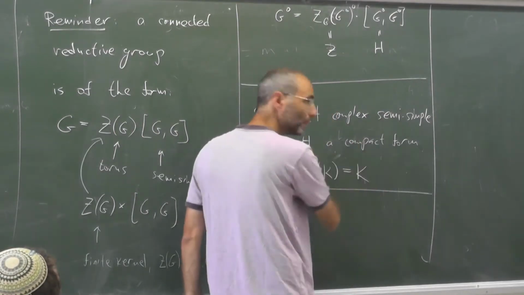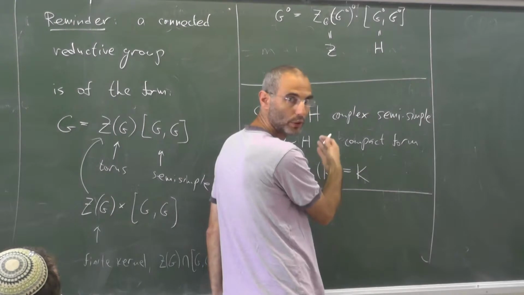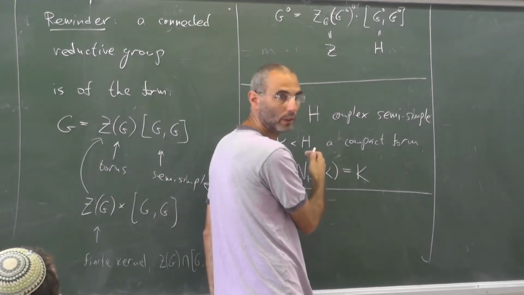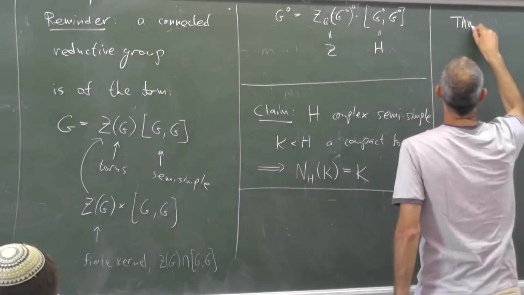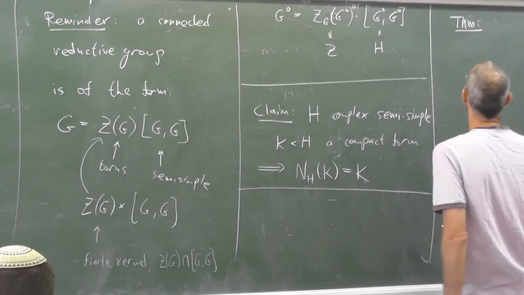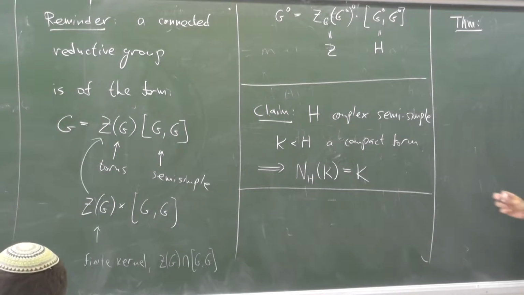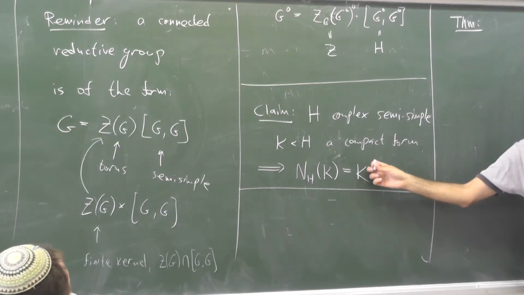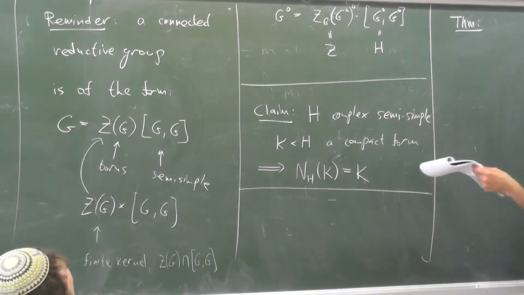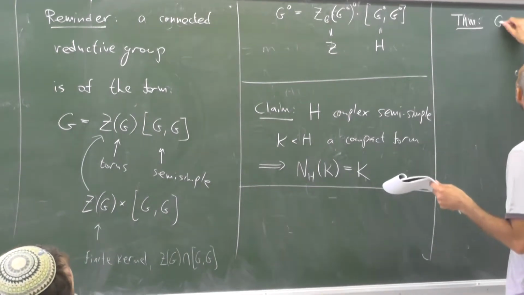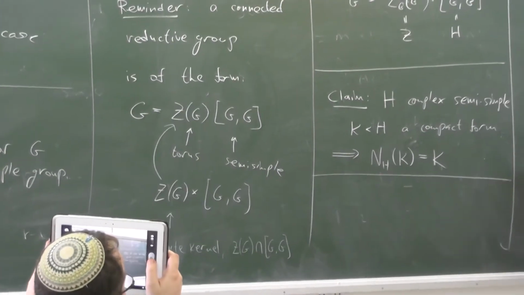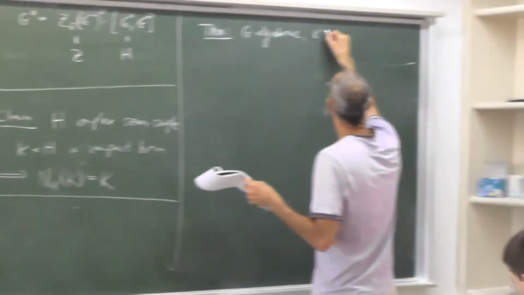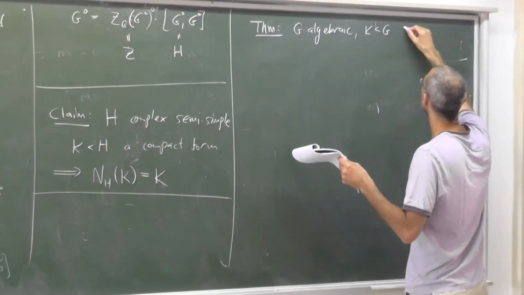This is a special case of a statement which is valid for arbitrary algebraic groups, and it is the following. So let me, with your permission, use the symbol G now instead of H, because it's unrelated. Now G algebraic, and K compact, any compact.